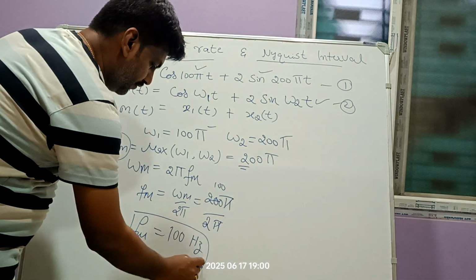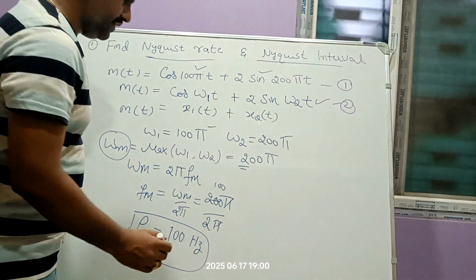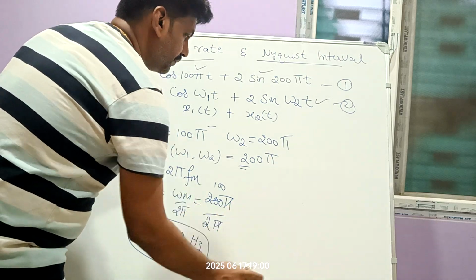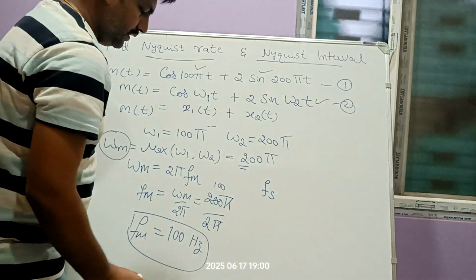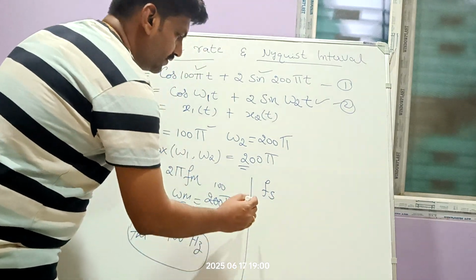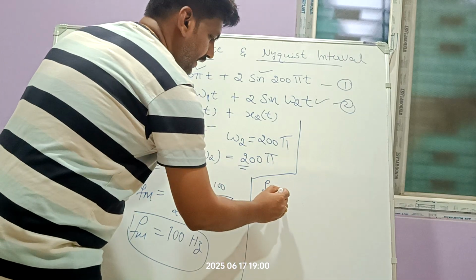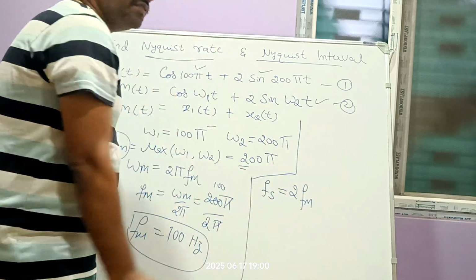But what we should calculate is, as per the question, the Nyquist rate. So Nyquist rate is nothing but Fs, right? To calculate this Nyquist rate, Fs is equal to 2 times Fm. So this is the formula.